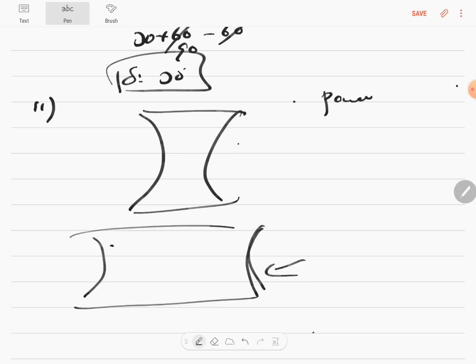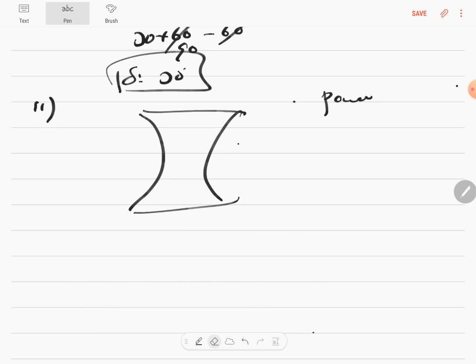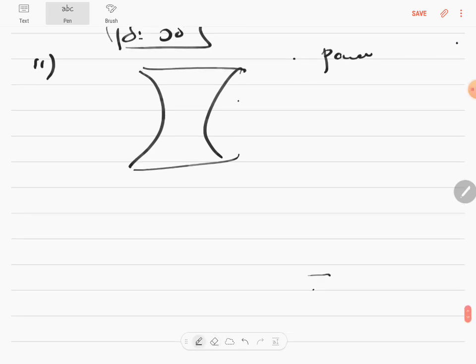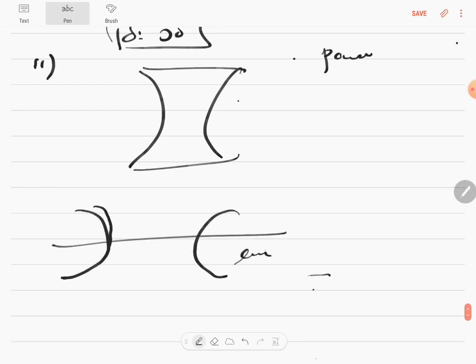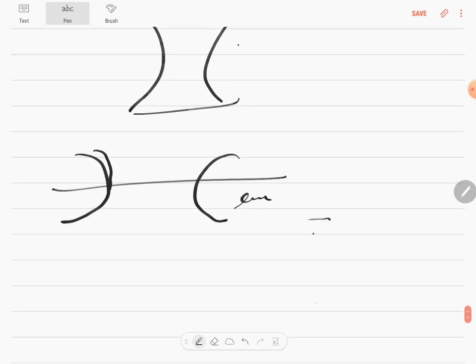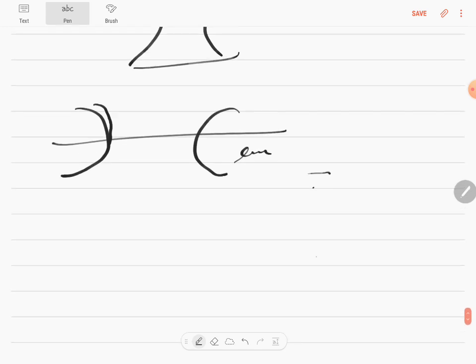If you make it thick without altering the shape, there is absolutely no effect. But in case you make it more curved, say for a concave lens, if you want to make it thicker, the focal length will become lesser. If you're not going to change the shape of the curvature, then obviously there's no change.